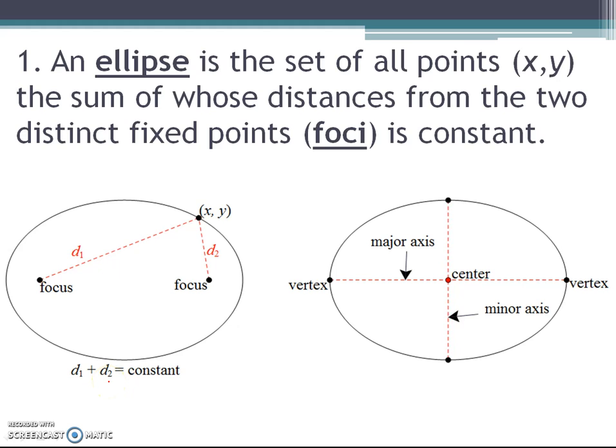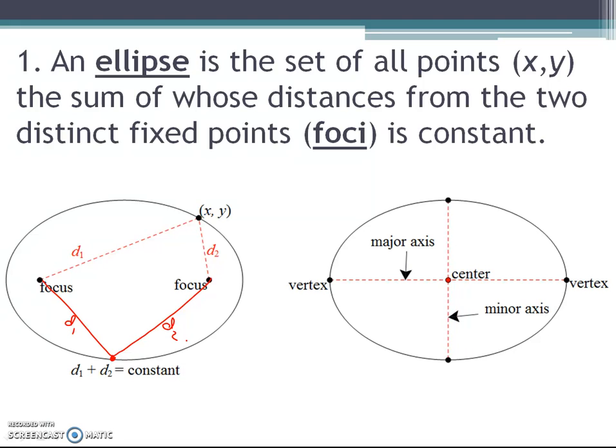So in other words, if you pick any random point on this ellipse and connect the two distances from there, they will be the same no matter where you pick on the ellipse. So those two things will be the same regardless.